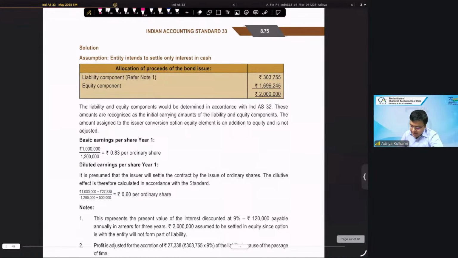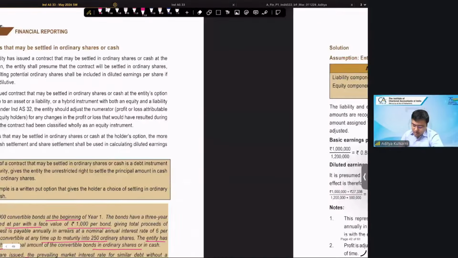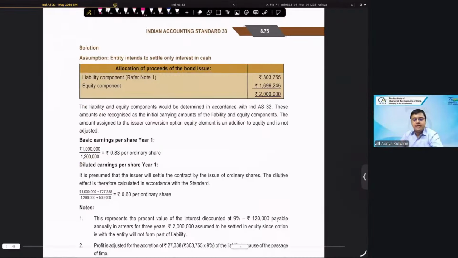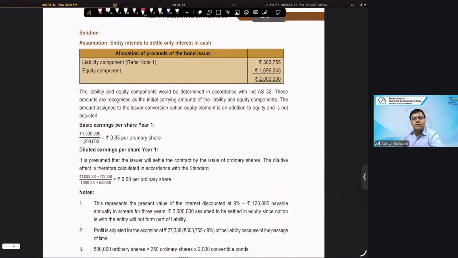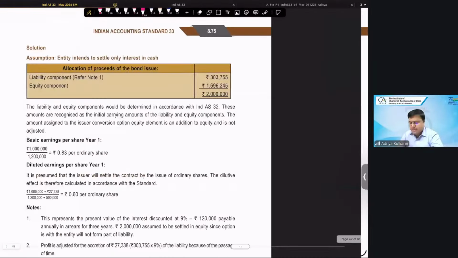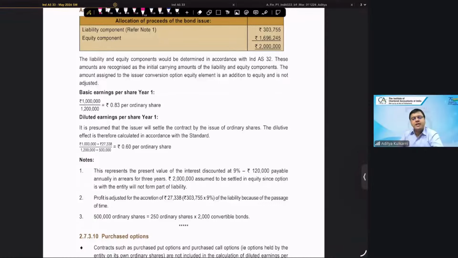So your 20 lakh worth of bonds, 2000 into 1000, so that is 20 lakhs. That 20 lakhs we will be splitting into liability component and equity component. You have studied financial instruments, right? When you studied financial instruments, you would have done the split accounting, you remember?